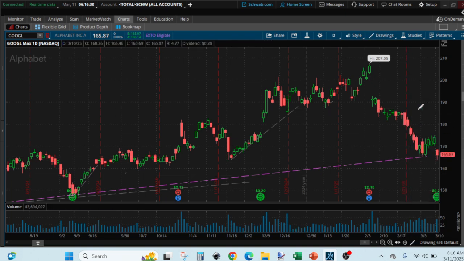So if I connect them, it will be a downward trend that I will trace. Let me turn this into a trend line so that it does not put arrows all over. A red bar means that yesterday, when the market was open, and yesterday was March 10, 2025, the price at the end of the day was lower than the price in the morning when the market opened.